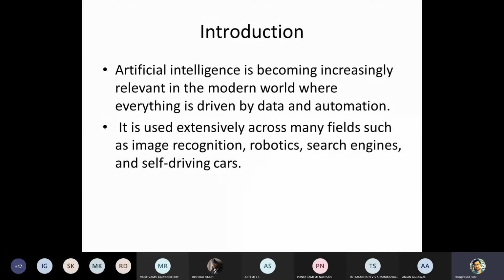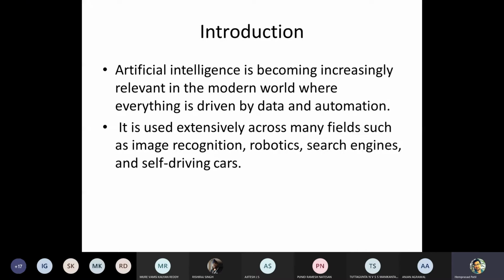So artificial intelligence is becoming increasingly relevant in the modern world where everything is driven by data and automation. We know that we generate a lot of data. We capture photos, videos. We have certain data files. Say you're writing a project report, you're saving it as a file.